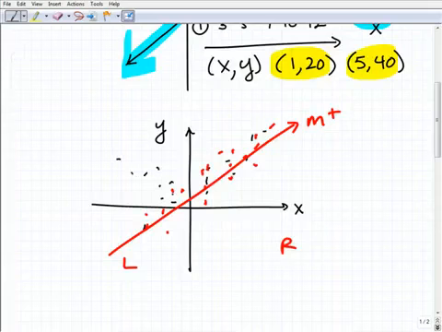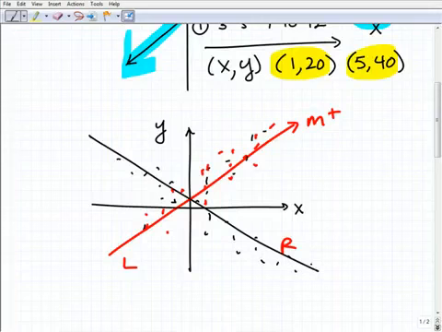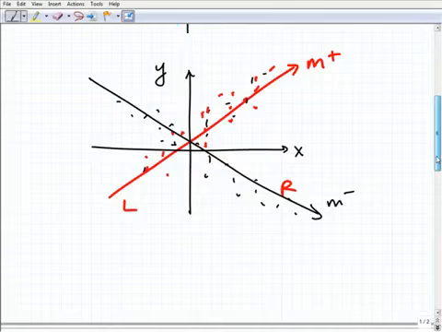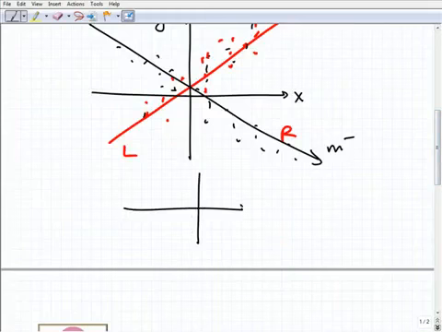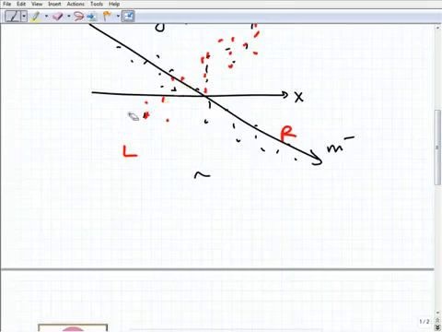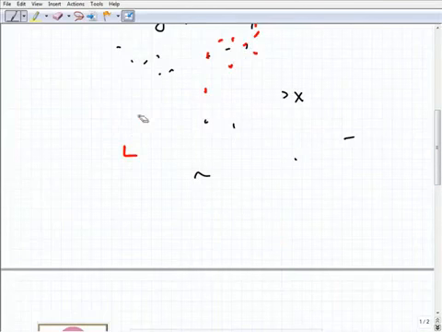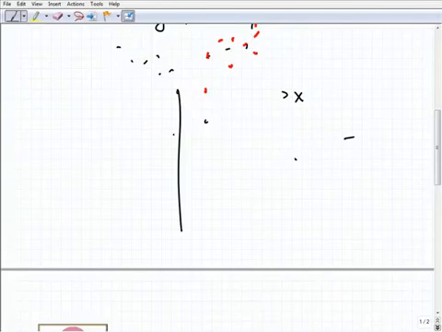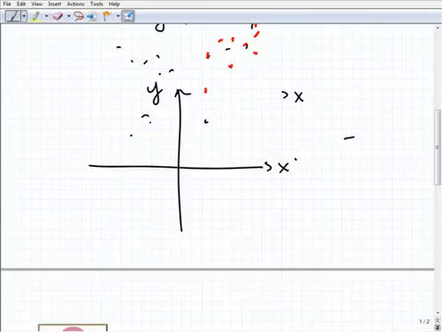Likewise, if you plotted the trend this way, that would have a negative correlation. So this word correlation is used a lot when we're talking about scatter plots. Now, what if you plotted something and it looked like this? You'd be like, what's the trend here?